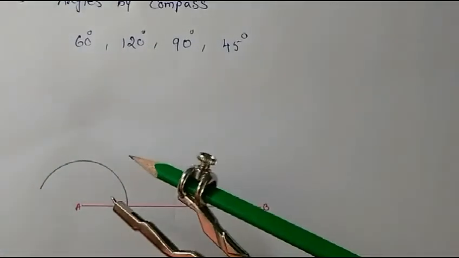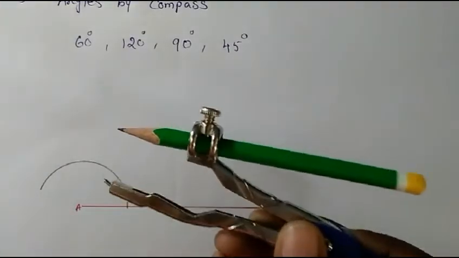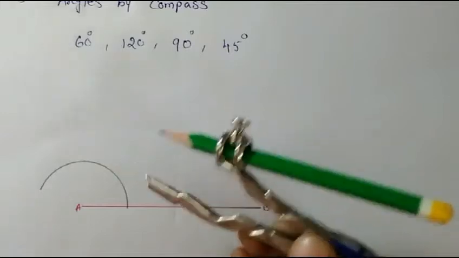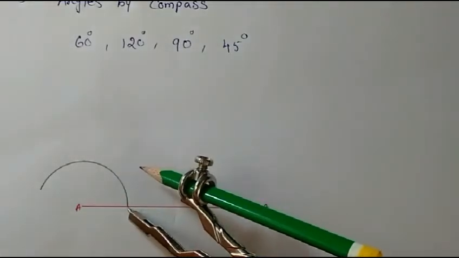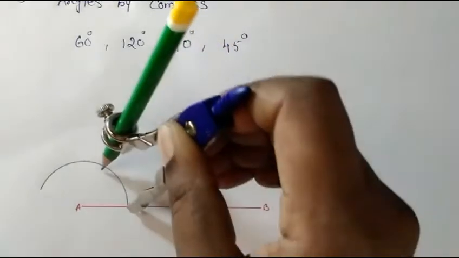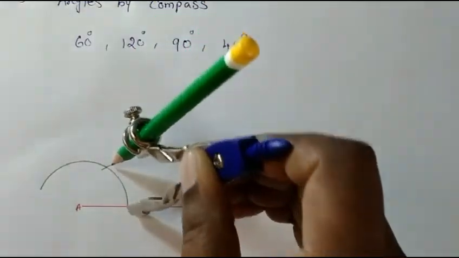Okay, after drawing the semicircle, now you should not change the measurement. Whatever measure you have taken, the same measurement you keep at the starting point of this arc, and give one cut there.